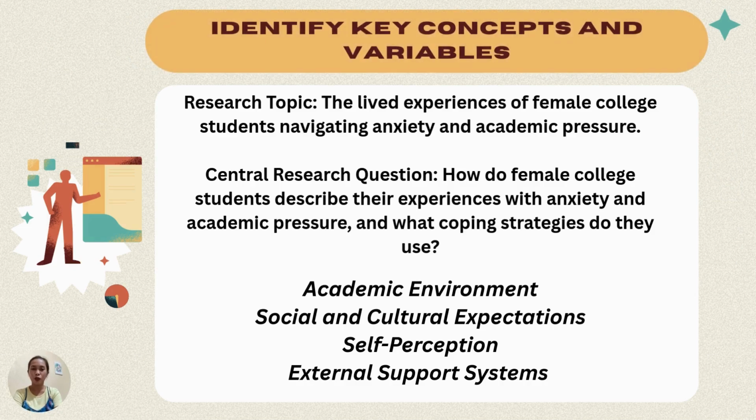For example, in our research question, how do female college students describe their experiences with anxiety and academic pressure, and what coping strategies do they use? So, these are some of the variables and key concepts that you might come across: academic environment, social and cultural expectations, self perception, and external support systems.